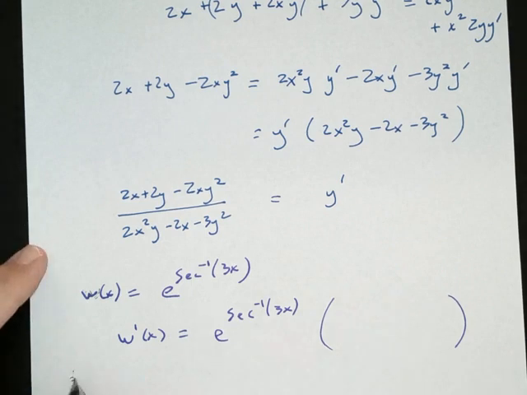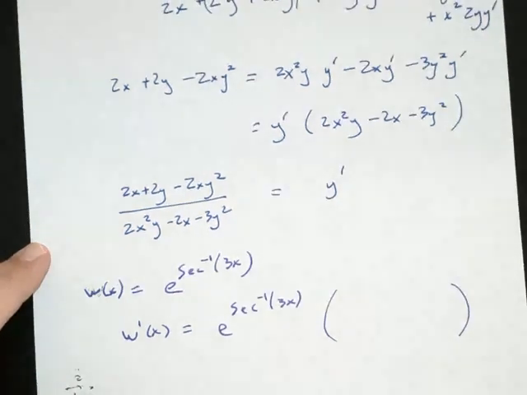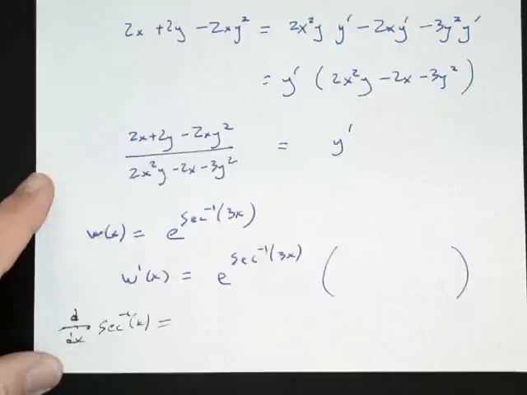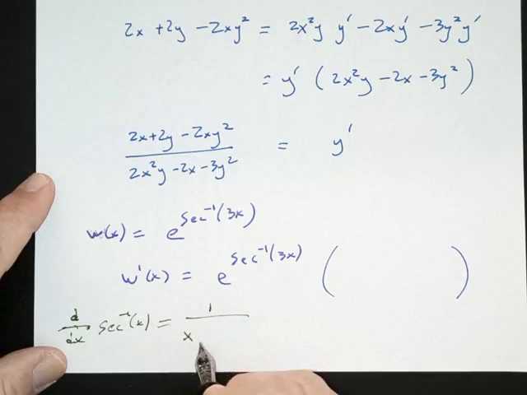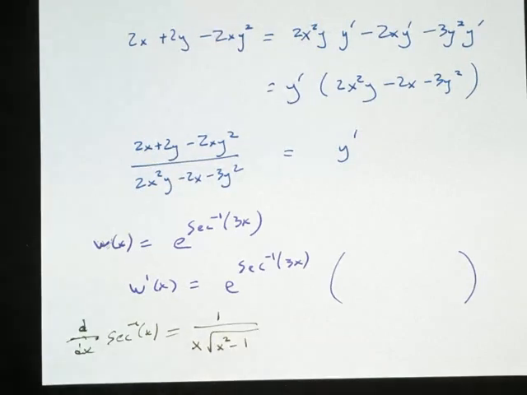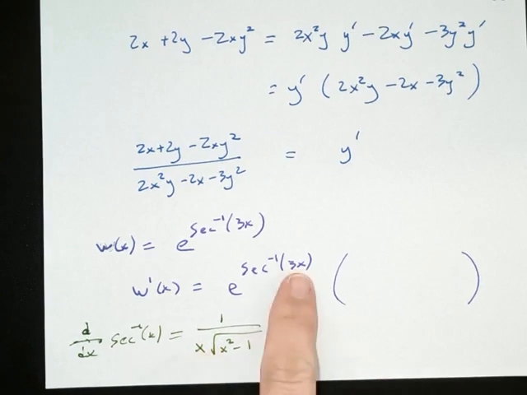The derivative of secant inverse of x is, what's it say on the formula sheet? 1 over. Great. But I am doing the derivative of secant inverse of 3x. Again, derivative of stuff. So wherever I see an x here, I'm going to put the 3x.